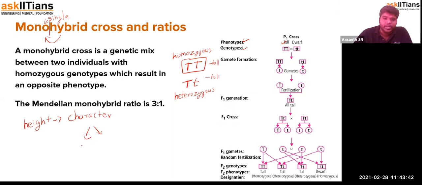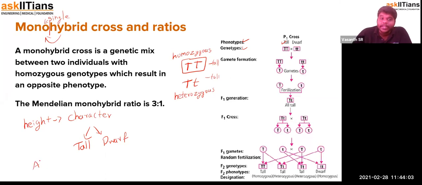So it could be an expressing trait, which could be tall and dwarf. Now we'll talk about a different thing.